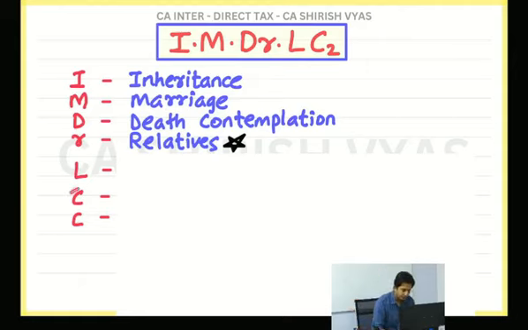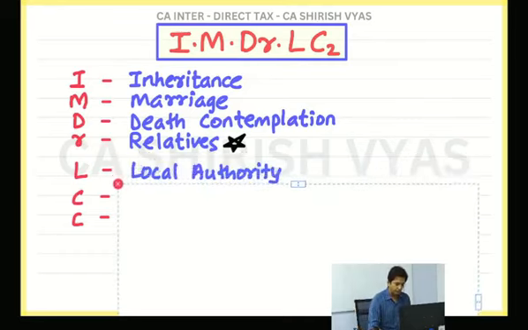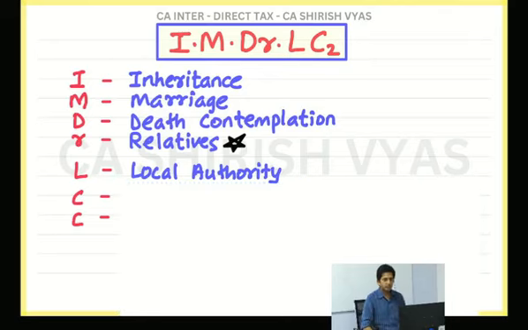Then L, gift from local authority. What do you mean by gift from local authority? What is local authority? Municipal corporation. See, every city has a municipal corporation. Like Hyderabad city also there is a municipal corporation. Mumbai city, municipal corporation means what in a local government.